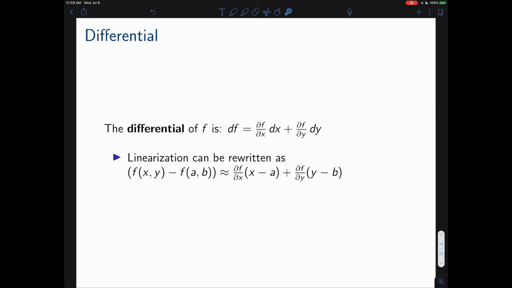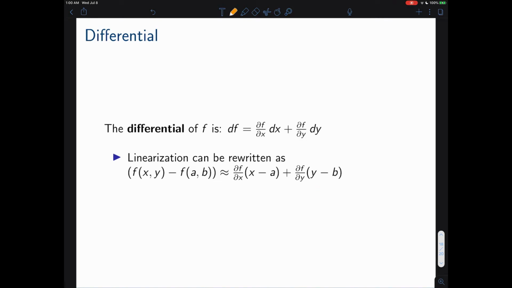The point here is that the linearization, or the linear approximation, could be rewritten to say f of xy minus f of ab is approximately equal to partial f partial x times x minus a plus partial f partial y times y minus b. In the original equation for the linear approximation, the f of ab was on the right hand side, and if we subtracted that onto the left hand side, you'd get what's written on this slide.